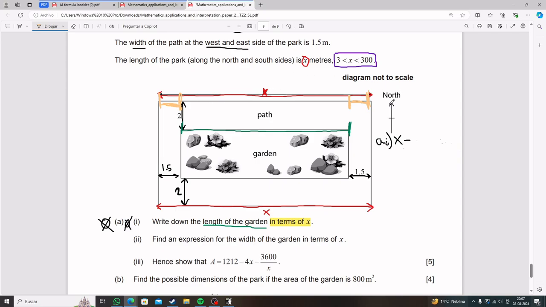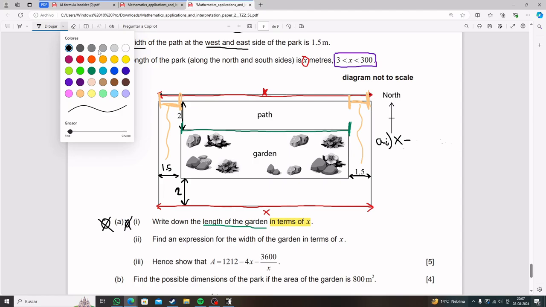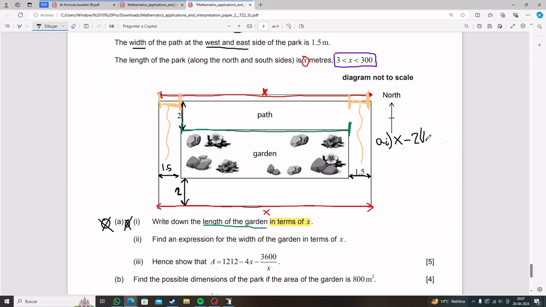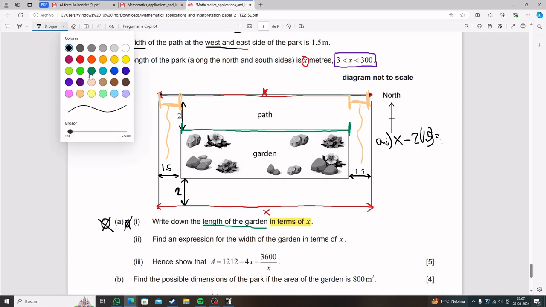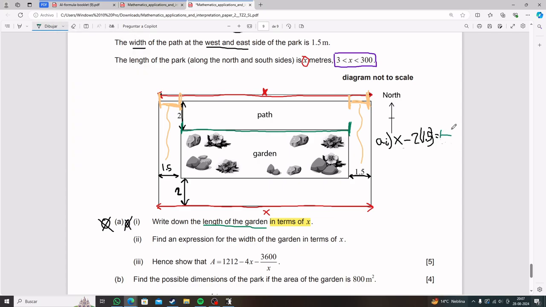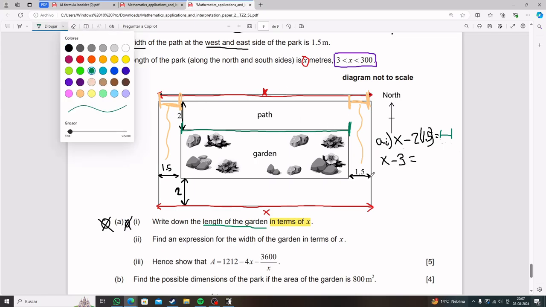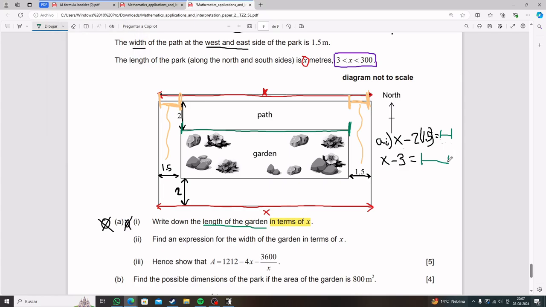So x minus those two ends has to give me the green, and these two ends are both worth 1.5. So for the length of the garden, x minus 2 times 1.5 will give you the length that we're drawing in dark green. So x minus 3 has to be the length of the garden, which I'm putting in this green line.